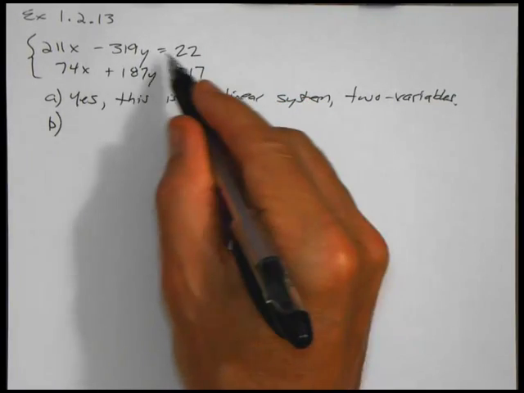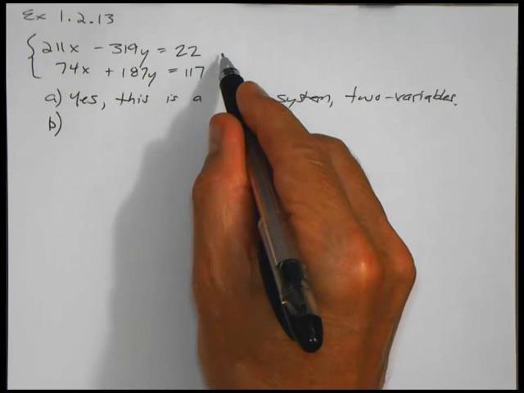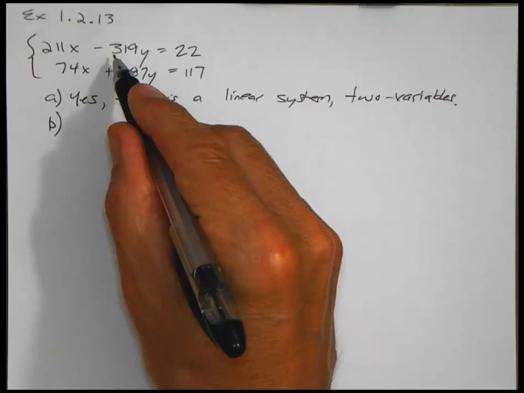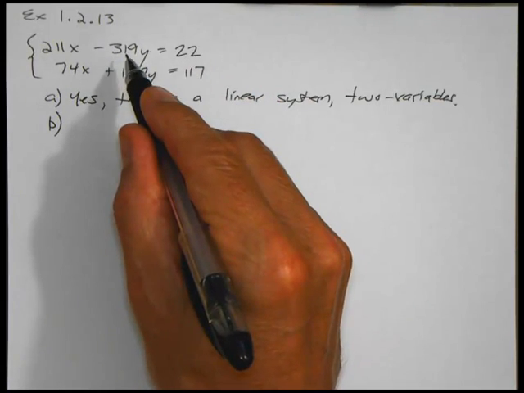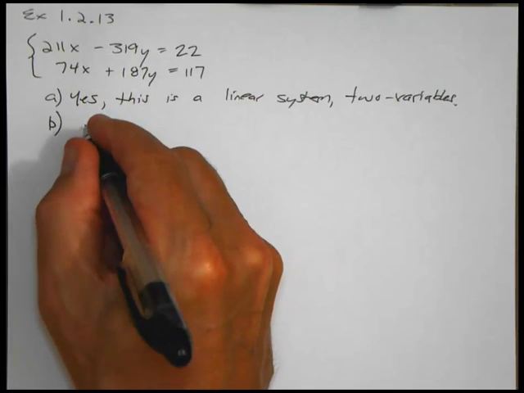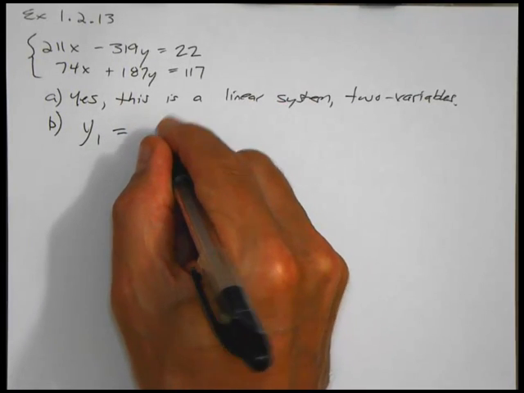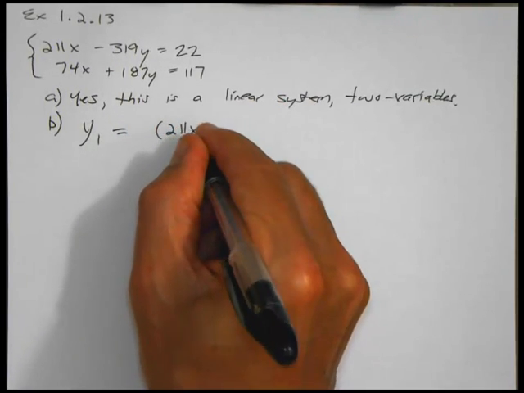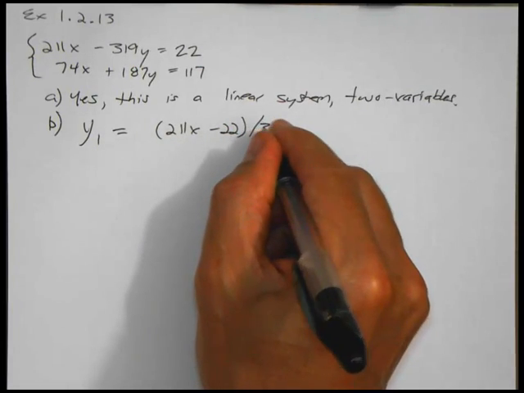This first equation, we could subtract 211x from both sides, divide both sides by -1, and then divide both sides by 319. The end result would be a y sub 1 equaling 211x minus 22 divided by 319.